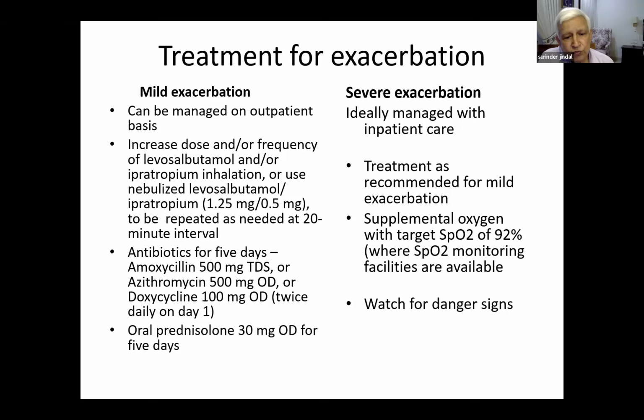Sometimes oral prednisolone for 5 days is given for an acute exacerbation if bronchodilator therapy alone is not enough. But for severe exacerbations, in the presence of signs or symptoms and laboratory criteria which I have mentioned earlier, the patient should be referred to a hospital. Next, please.